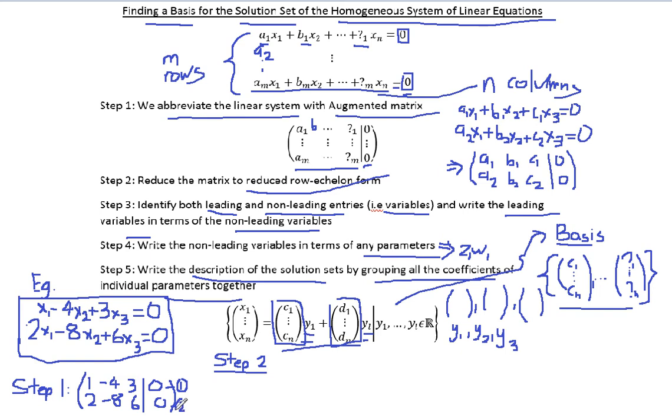Let's make it to row echelon form first. So what do we do? We add minus 2 times of row 1 to row 2, because you want to eliminate the entry below 1 in this first column first.